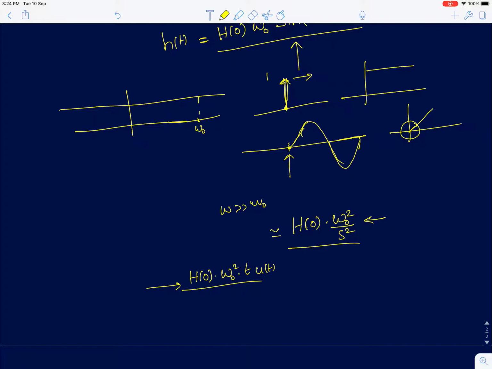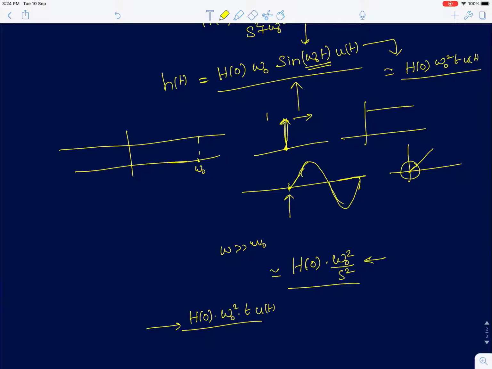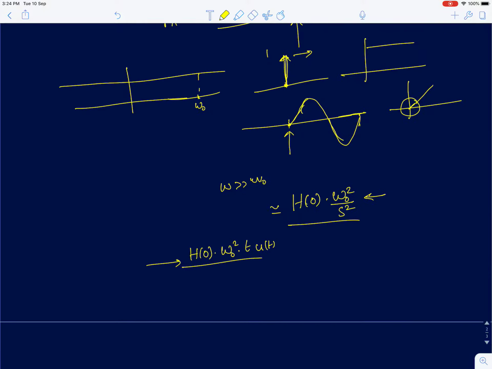If I look at the time domain response, which we obtained a few moments ago, for very small values of t, I can approximate sin omega naught t as omega naught t, and you would get h of 0 omega naught square t into u of t. So that's how you get that response. And so this is the response for an impulse function.